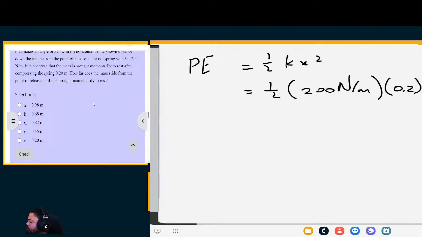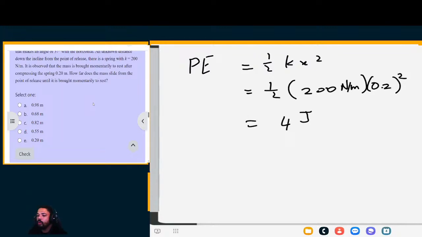That gives you 4 joules. So this block imparts 4 joules of energy to the spring.